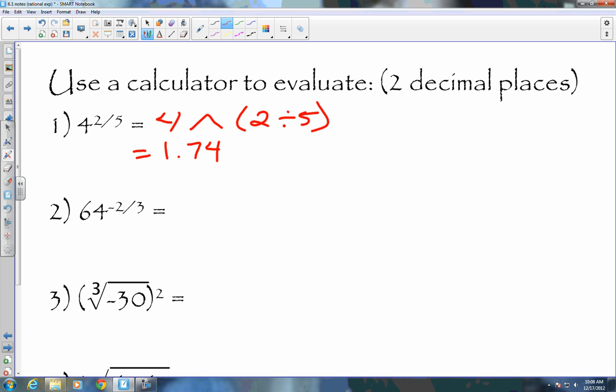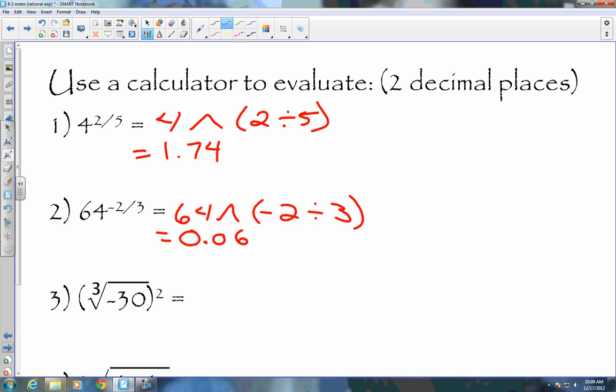Same with this one. We have 64 raised to, now be careful, raised to, the negative sign, not the minus sign, 2 divided by 3. What is it? 0.06. Now when you write that, I want you to put a 0 in front of it, 0.06, because that helps keep that little decimal point from getting lost.